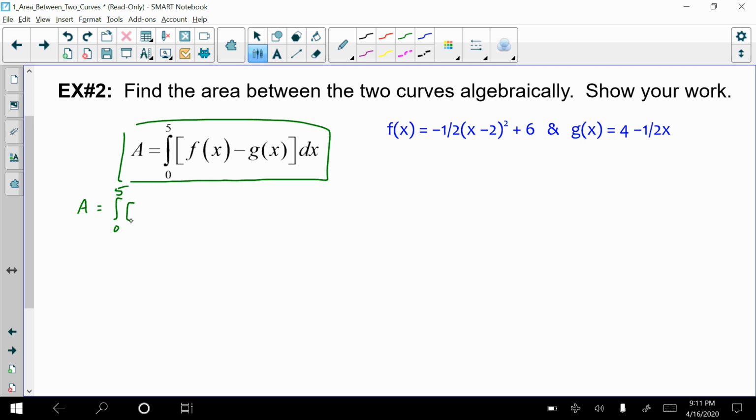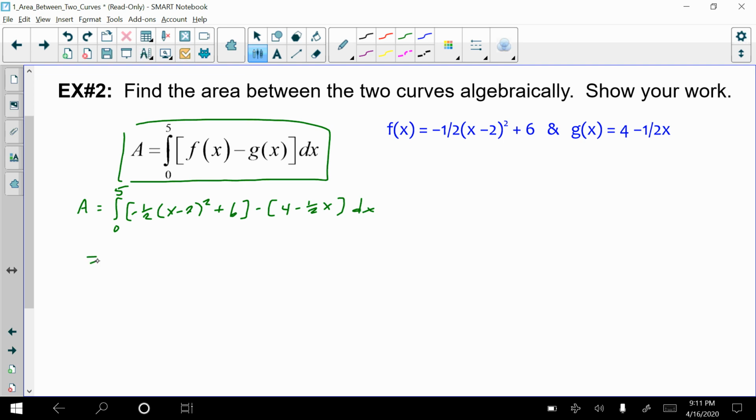The first function was the quadratic, that was the bigger piece, so negative 1/2 times (x minus 2) squared plus 6. And now we're going to subtract the line, which was 4 minus 1/2 x, dx.